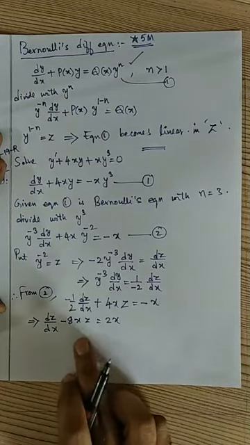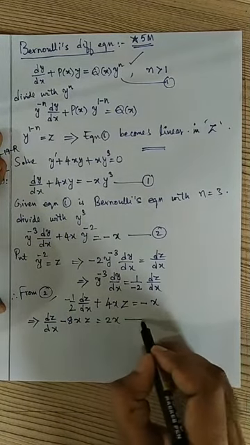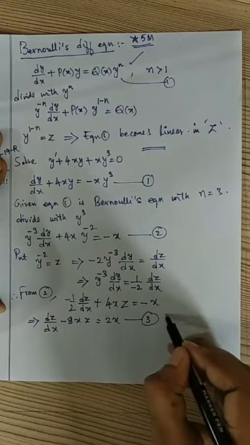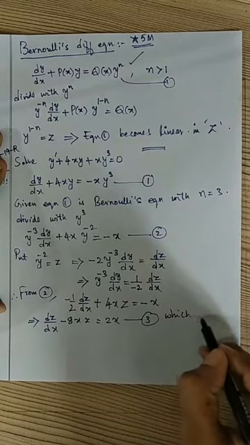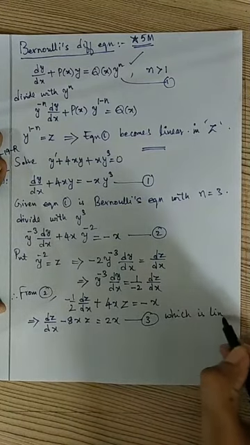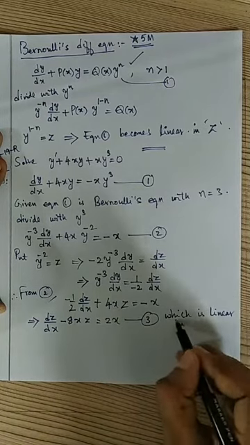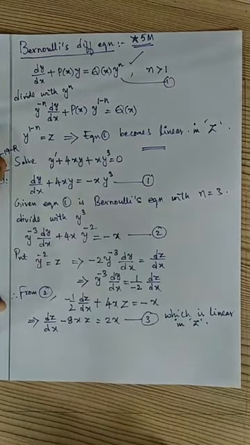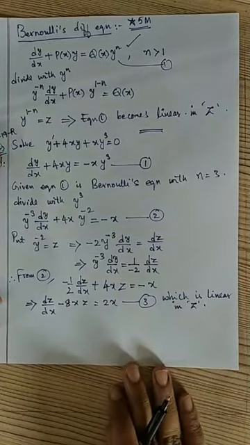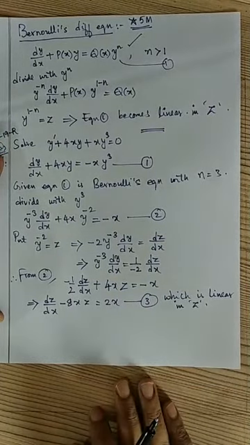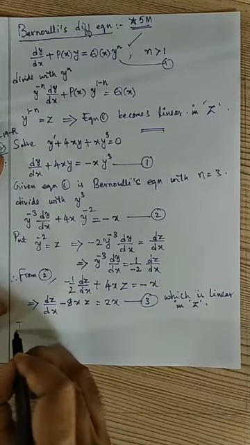Now you observe this equation, consider this as equation 3, which is linear in z. Now you know how to solve this. If the equation is reduced to linear, what we have to do? We have to find the integrating factor.